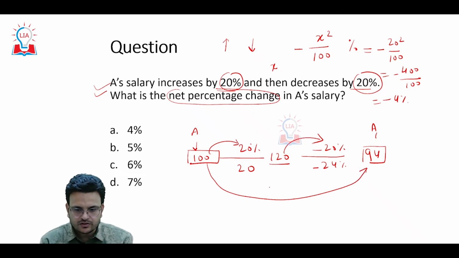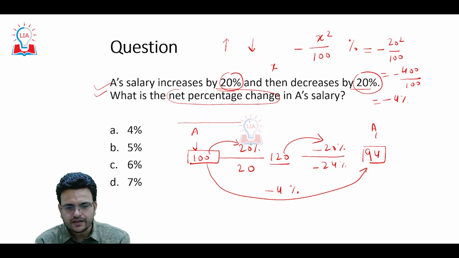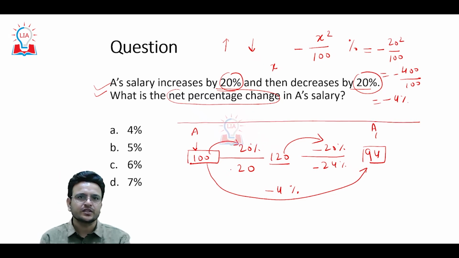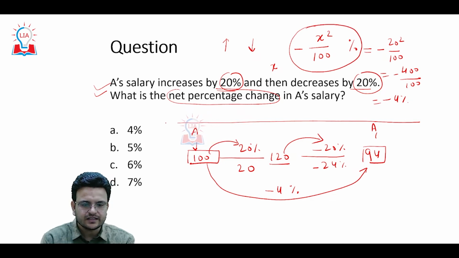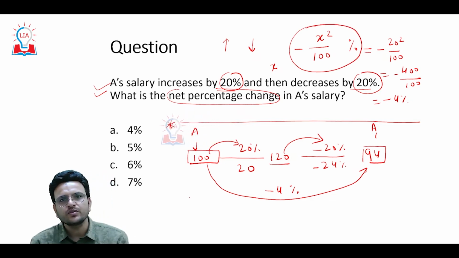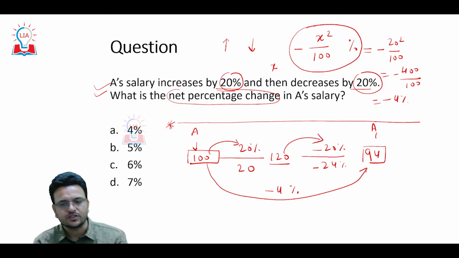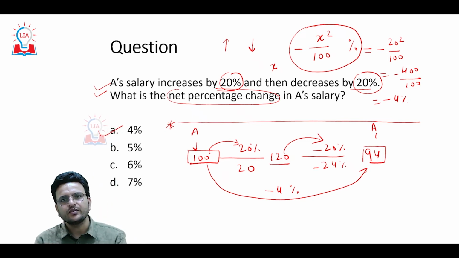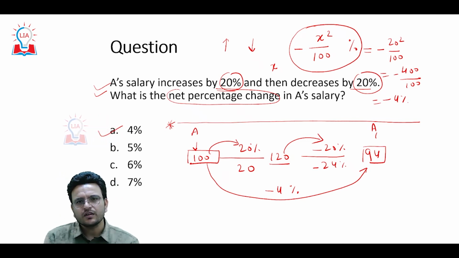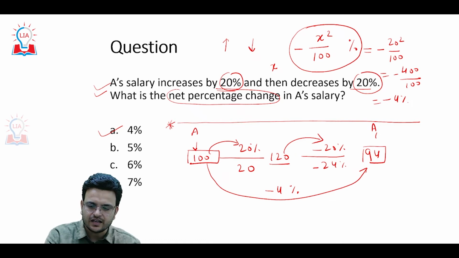It has reduced by 4, meaning minus 4%. So you have two methods to solve this question. You can solve it this way also, but I suggest you try to understand the formula part. This is very important. A thing has increased and then reduced. So the answer will be A. Again, I suggest that if you are watching the video, stop and pause the video, then solve the questions and then see the solution.